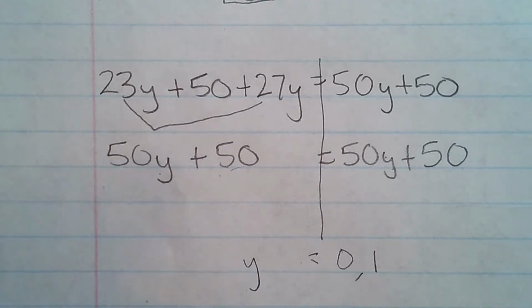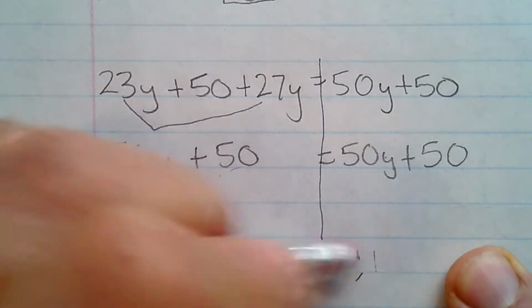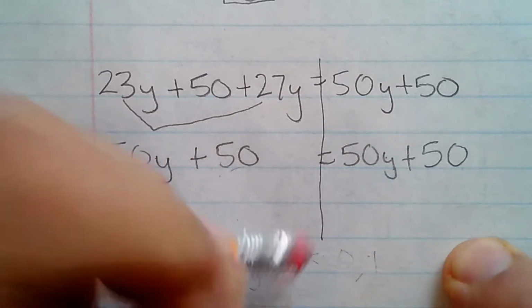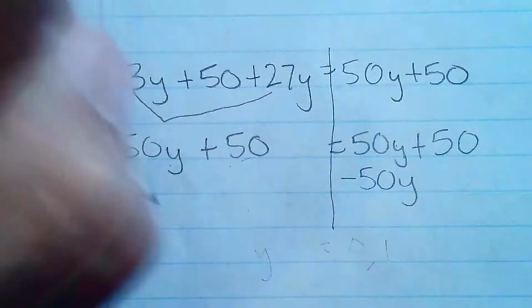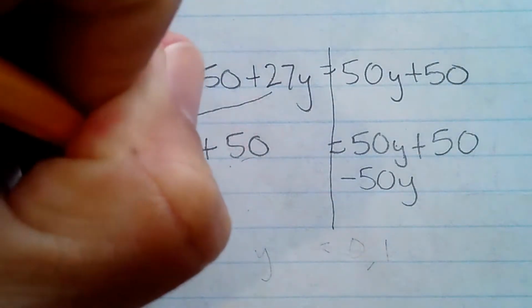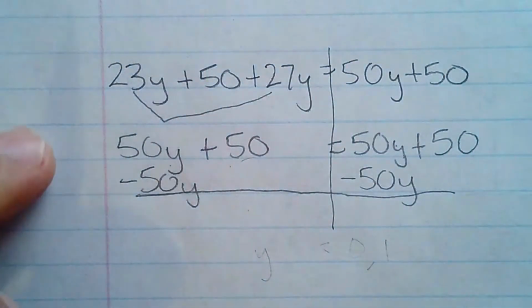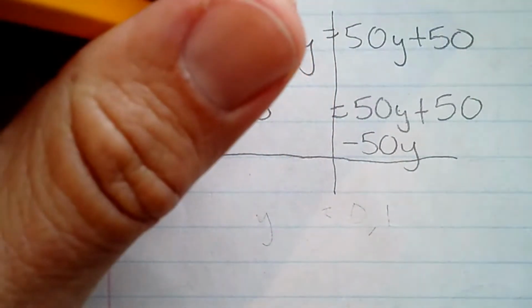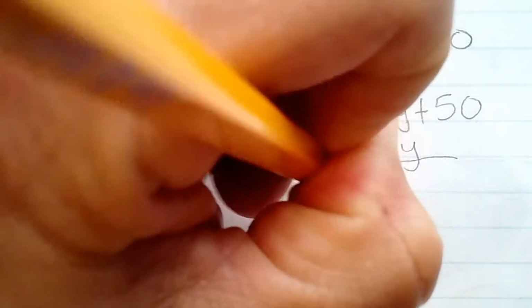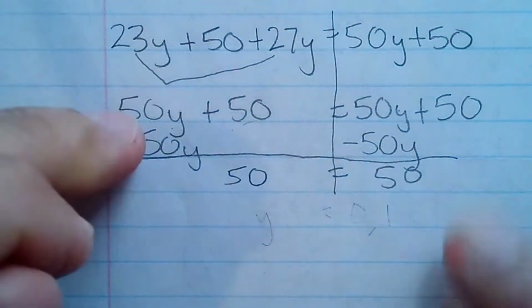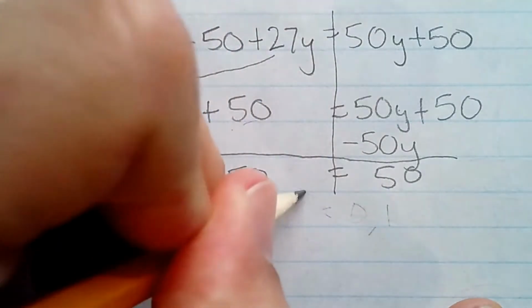But even if I went further to solve this, I would probably subtract 50y, and from here I would have 50 equals 50, because those all canceled out, and this is true.